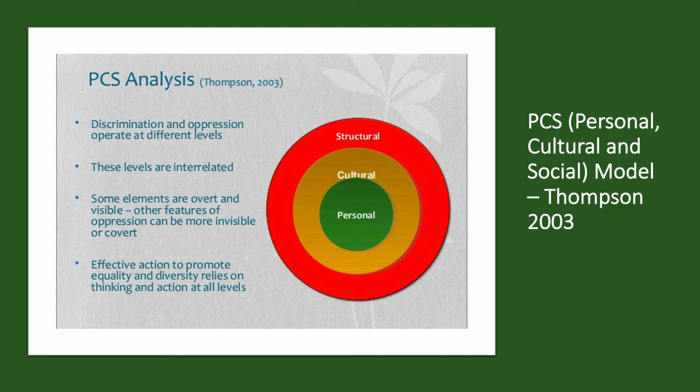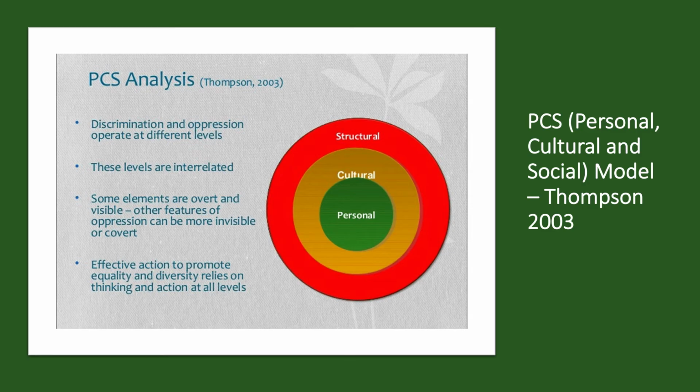But these levels are all interrelated. Some are overt, so some are very openly obvious, but some might be more covert, so they're not as obvious. An effective action to promote equality and diversity relies on thinking and acting at all levels. So I'll just go through this diagram with you now.